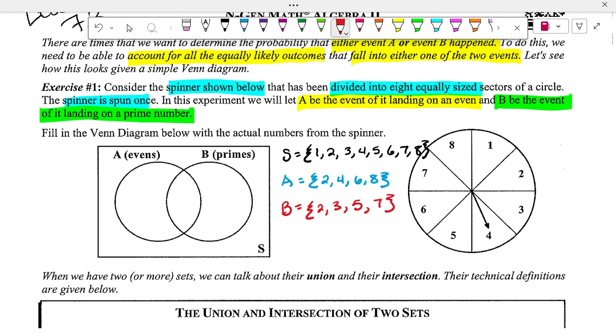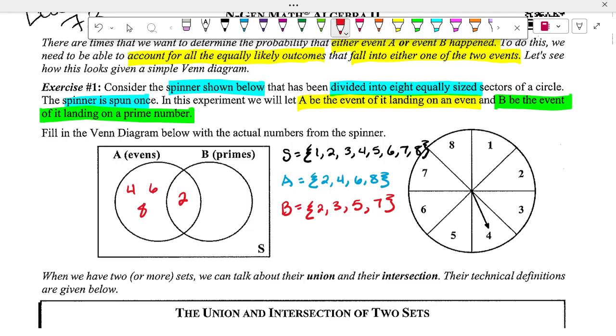All right, so let's now put this stuff in the Venn diagram. If you look at the list of A and B, whenever we do a Venn diagram, we always start with the middle. What number will go in the middle? 2. That's the one that repeats in both sets. If I take 2 out of those two sets, what's left over in A? 4, 6, 8.